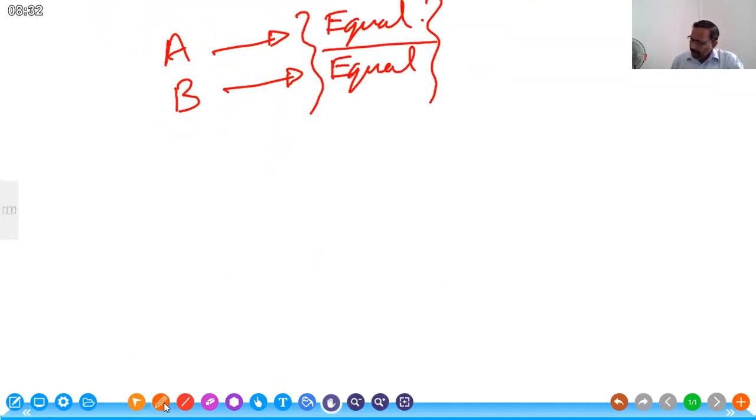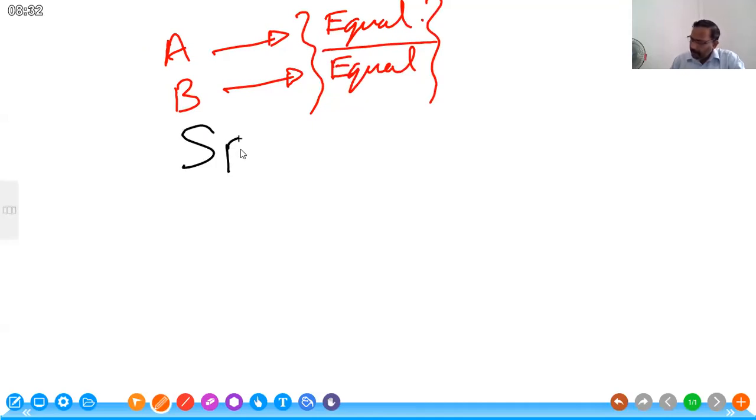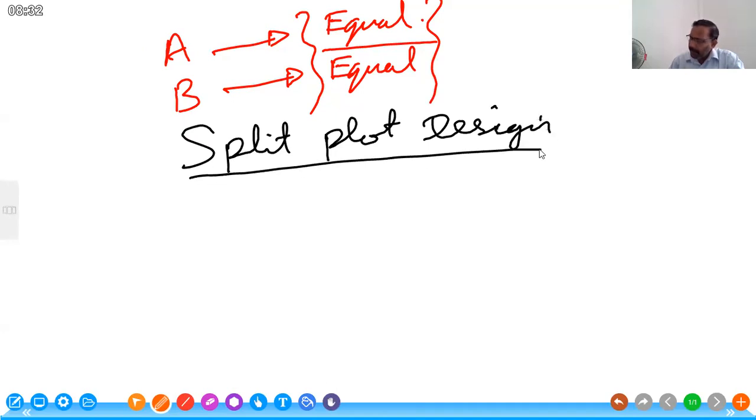Similarly, today we are going to start with the split plot design. Right. This is also a kind of modified form of factorial experiments.